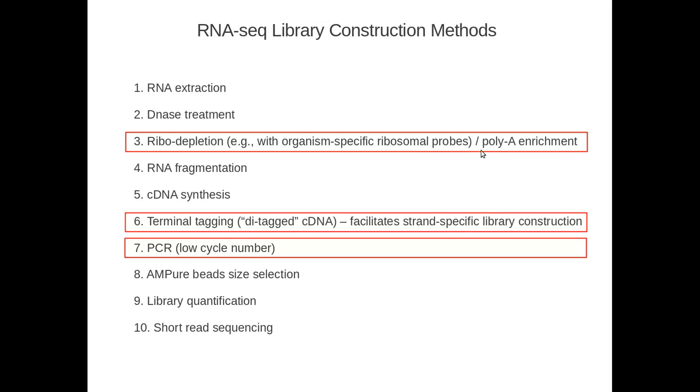That's called ribodepletion. Or you could bind all of the mRNA to a column that has poly-T probes so that the mRNA binds, and then you let the ribosomal RNA wash through the column, and then you elute the fraction enriched for mRNA. So all that to say that there are two ways of getting rid of the ribosomal RNA.